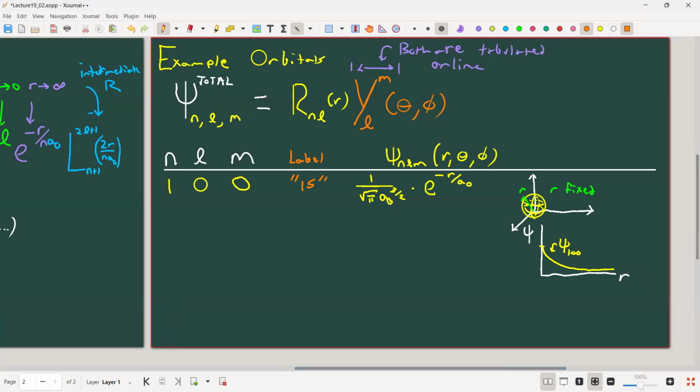So that's why we often draw these pictures that look like a circle or a lobe. But the idea is that in those pictures we fixed the distance the electron can be at to some amount, and we're just plotting the shape of the wave function at that fixed distance.